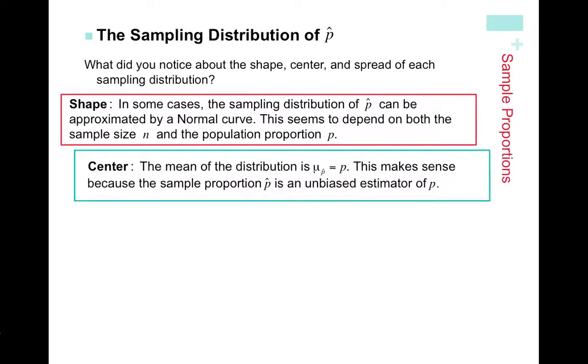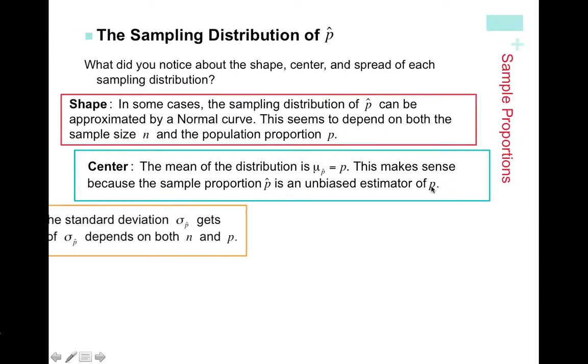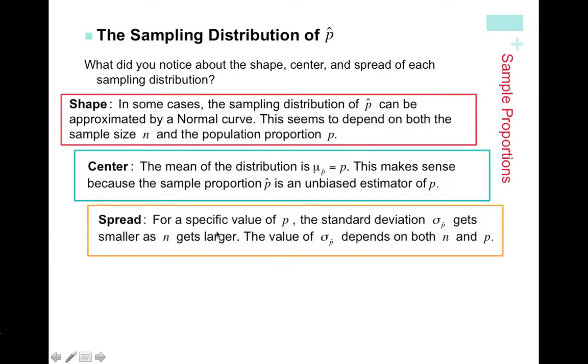The mean of our distributions, the mean of our p hats, is equal to p, pi in that case, the population proportion. And sample proportions, p hat, those are going to be unbiased estimates of our population's proportion. The spread, for each value of p, the standard deviation got smaller and got bigger.